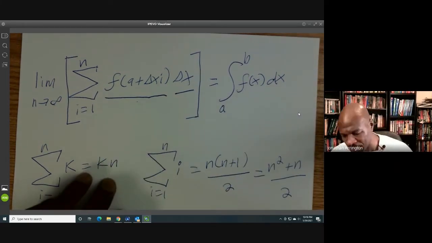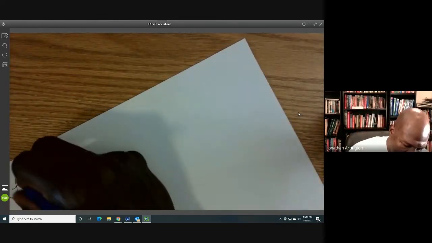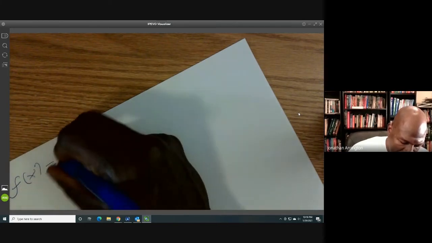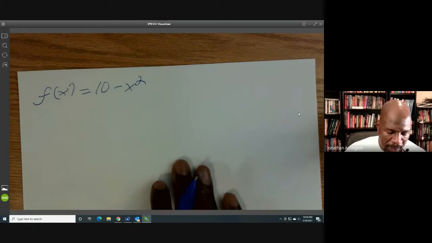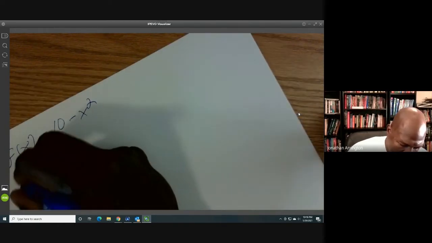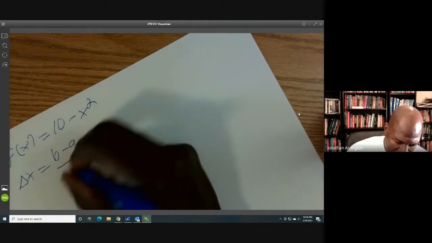So just want to remind you of a few things, and that is f of x for this situation is 10 minus x squared, right? And delta x, as always, is b minus a over n.